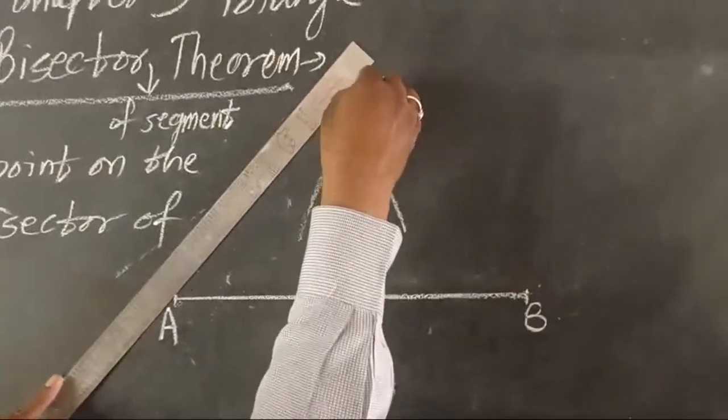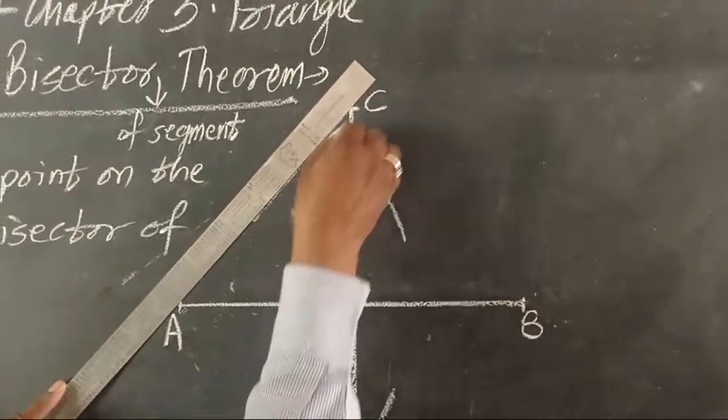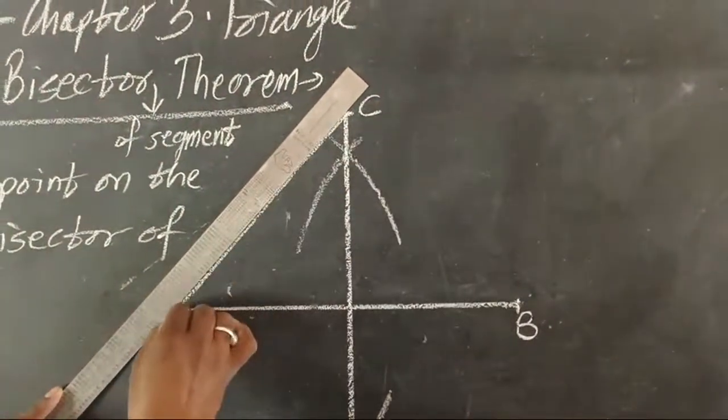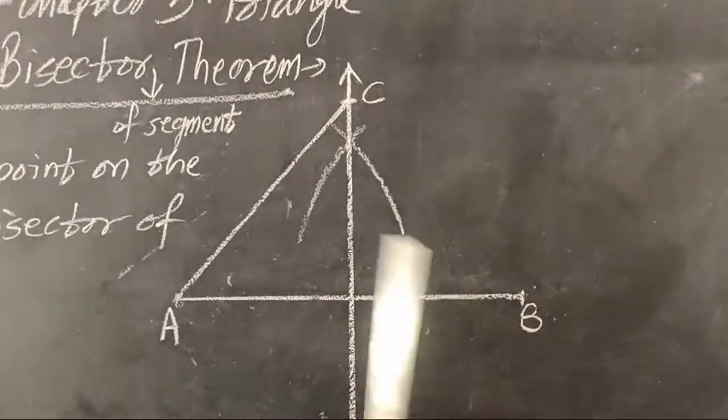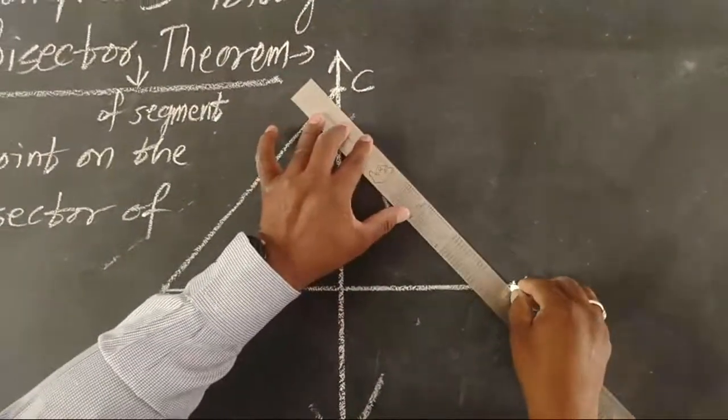Equidistant means the distance is equal from the end points of the segment.